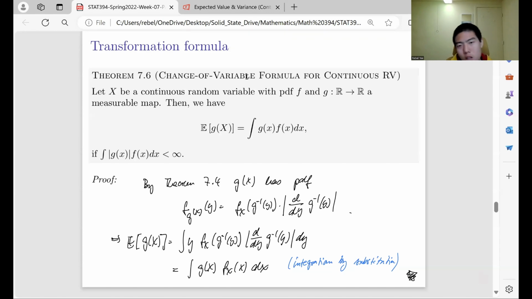It is very similar to the continuous version, which is g(x) times the PDF f(x), and do the integration from negative infinity to infinity dx.